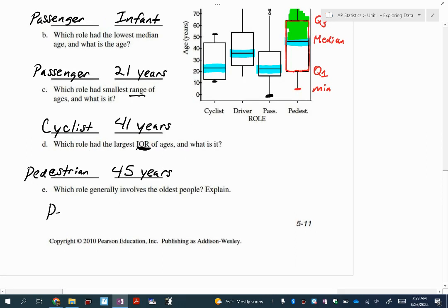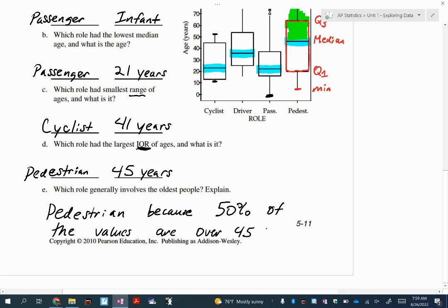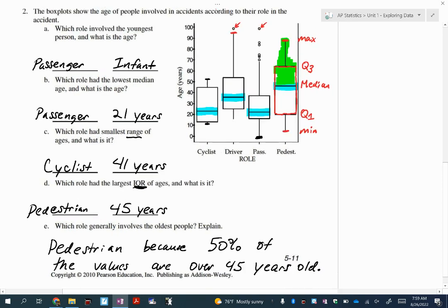So I'm going to say pedestrian, because 50% of the people are over 45 years old. That's just something you have to get used to when working with box plots.